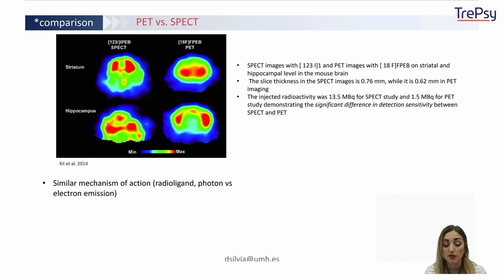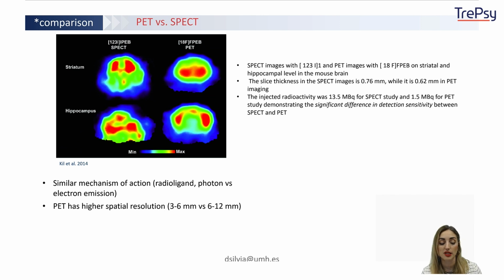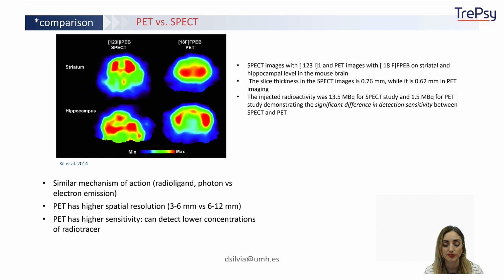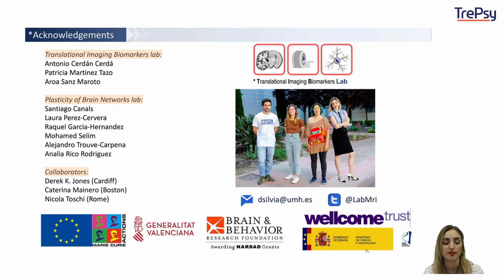So, although they have similar mechanisms of action, the radioligand changes, photon versus electron emission, and they have very different spatial resolution, 6 millimeters versus 12 millimeters for SPECT. PET has higher sensitivity, can detect lower concentrations of radiotracers, but SPECT is more affordable. There are more sites in the world which have SPECT, and it's cheaper. So it's always a balance of the two techniques.